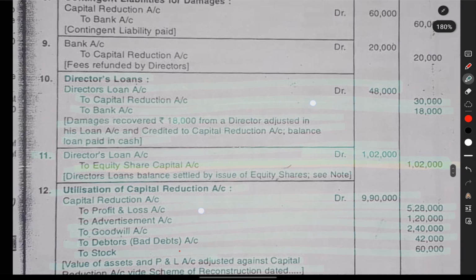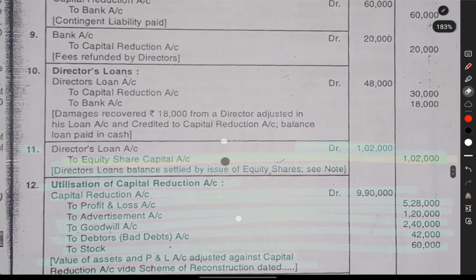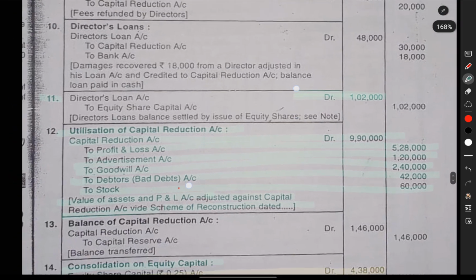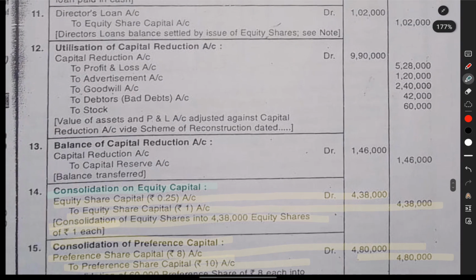In the 10th journal entry, we give credit to capital reduction for rupees 30,000. So we will go to credit side of capital reduction account and write by director loans for rupees 30,000. Next, in this journal entry, we give debit to capital reduction.